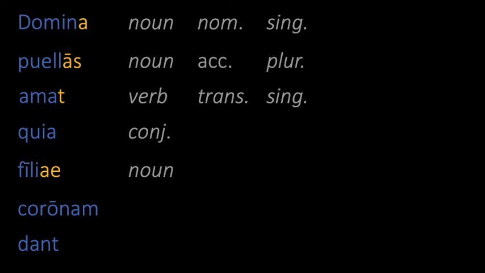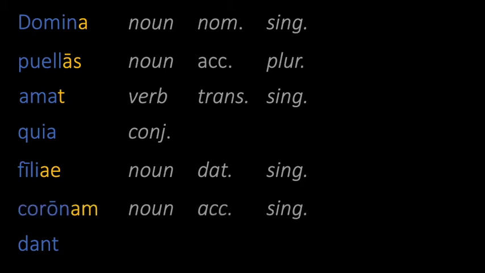By now, we should feel comfortable with choosing one based on intuition, and modifying that choice later if necessary. Looking ahead and seeing a verb that will often accommodate an indirect object, we're going to choose dative singular. Coronam is a noun with the am ending of the accusative singular. Dant is a verb, which is transitive, and has the nt ending to indicate its plural.